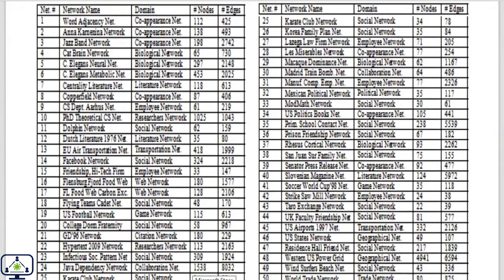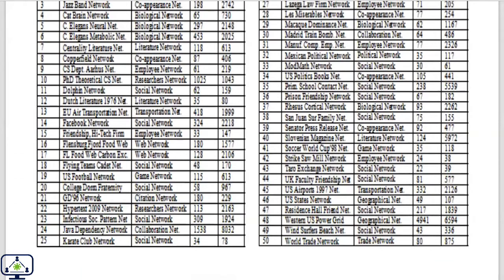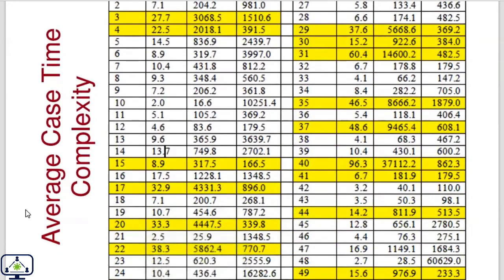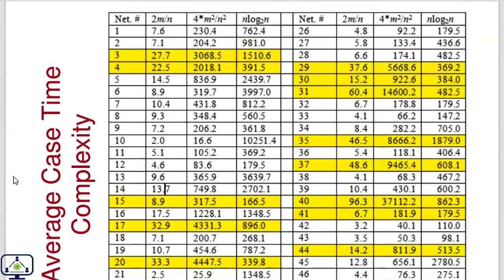Now, I evaluated this approach with 50 real-world networks, and a lot of benchmarking networks like the Karate Club Network and Football Network are included here. On the basis of time complexity, the yellow colors indicate the n log n term. So Louvain's time complexity, n log n, is the smallest for all the computation algorithms out there.